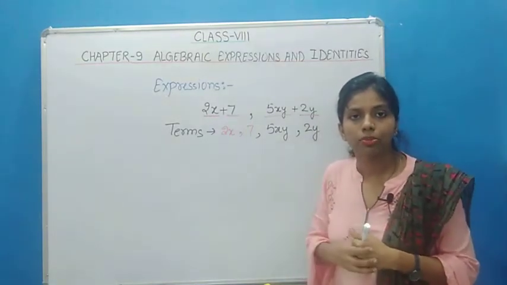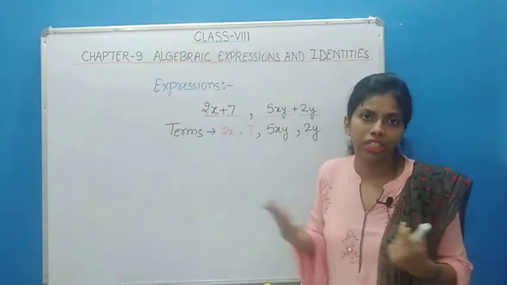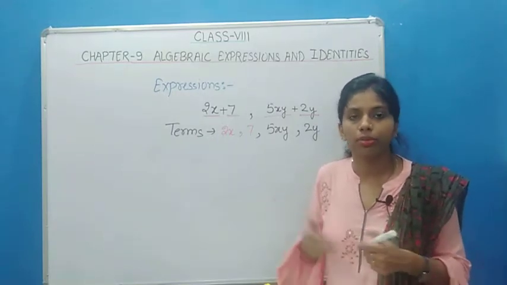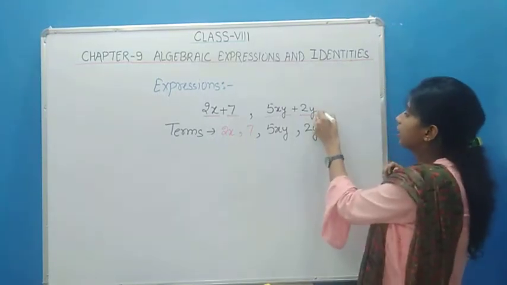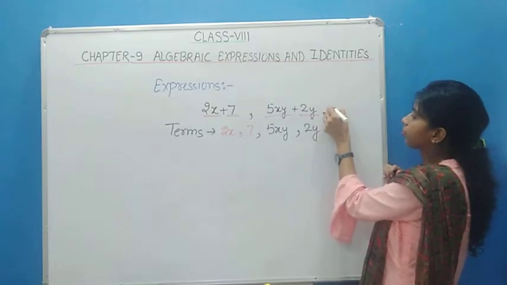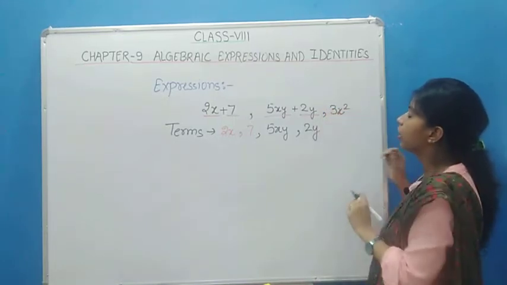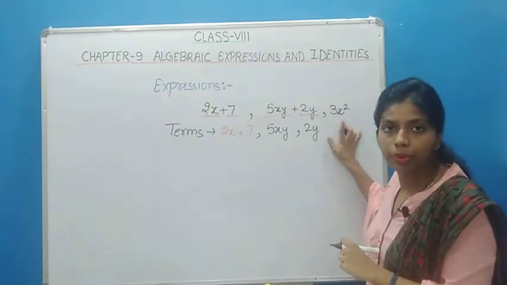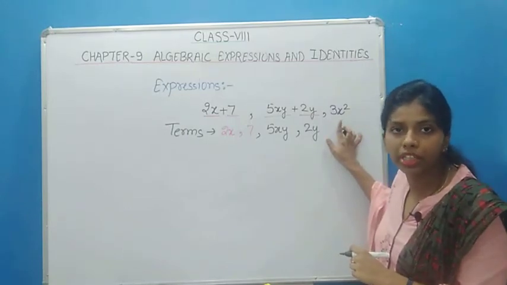So algebraic expressions are made by terms. It can be one term, two terms, whatever. Suppose I take an example, 3x square. In this algebraic expression we have only one term.